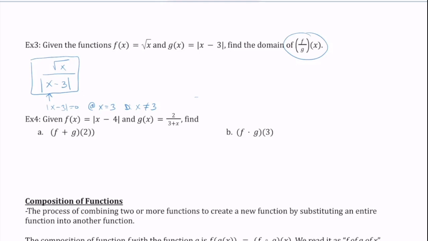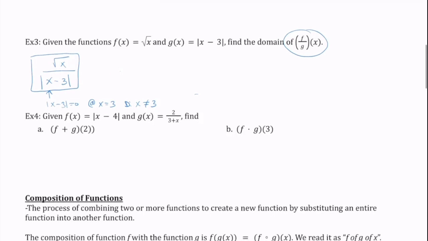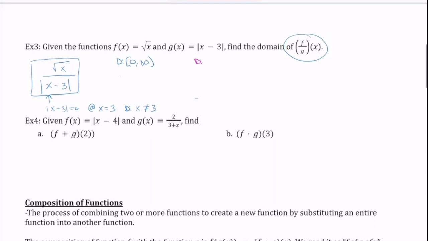And the domain here, again, let me think about the domain for each one of these. The domain of f of x is from 0 to infinity, and for the absolute value of x minus 3, remember, it's going to be something that looks like that, with 3 to the right, so your domain is negative infinity to positive infinity.